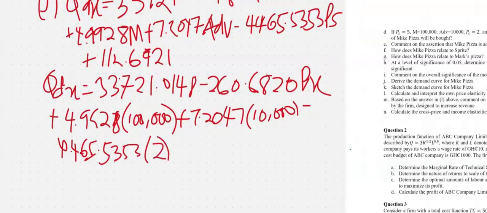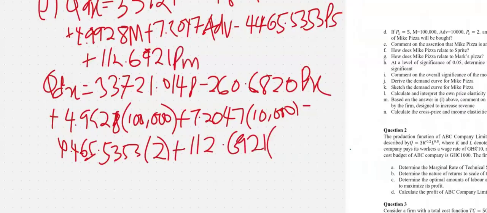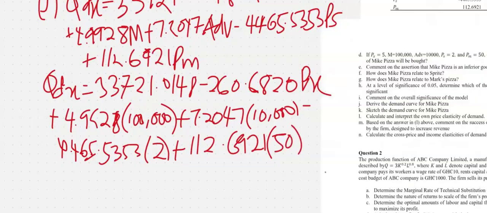Then plus 112.6921 bracket. Oh, here is PM, all right? Bracket 50.